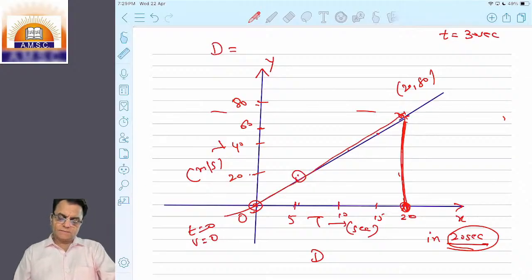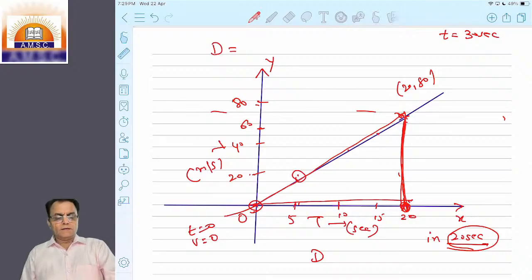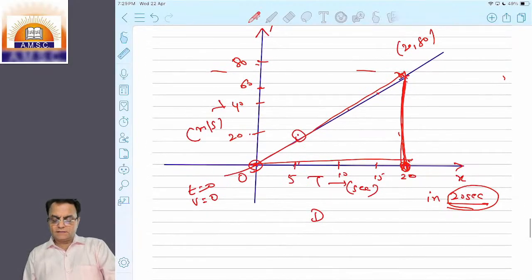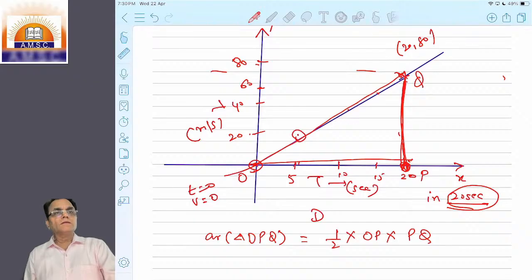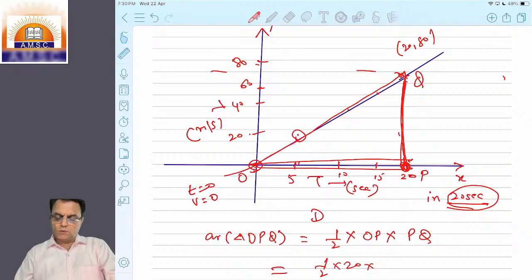ट्रायंगल. राइट? इन दिस ट्रायंगल, अगर इसे P कह दूं, मैं इसे Q कह दूं, एरिया ऑफ द ट्राइंगल OPQ is half into base into height. What is OP? OP is 20. What is PQ?